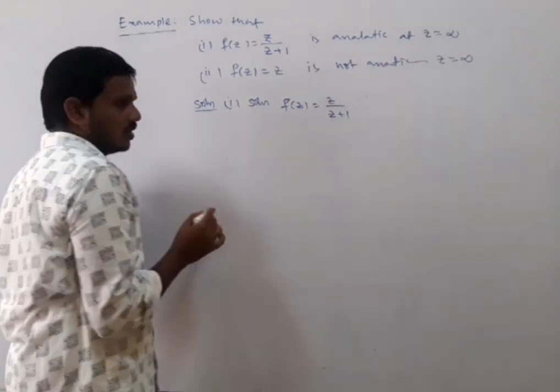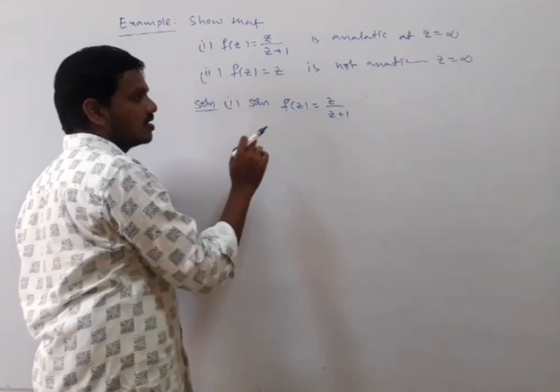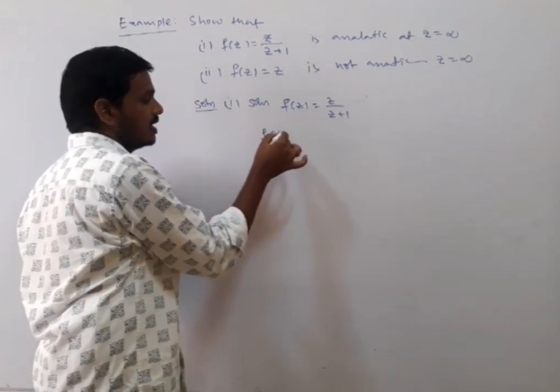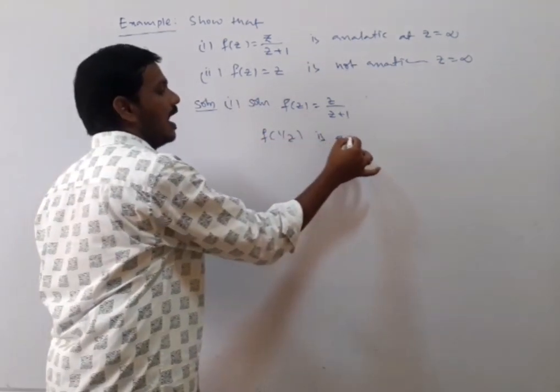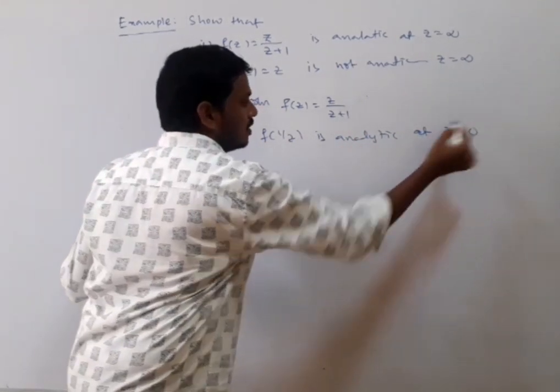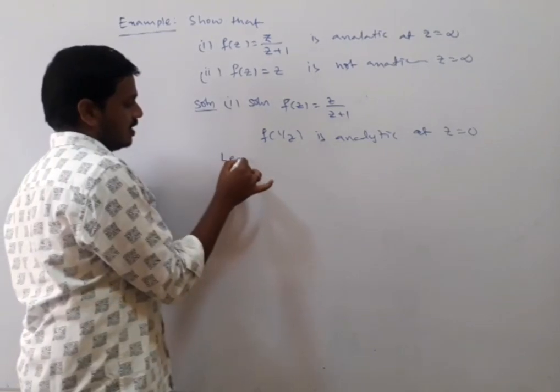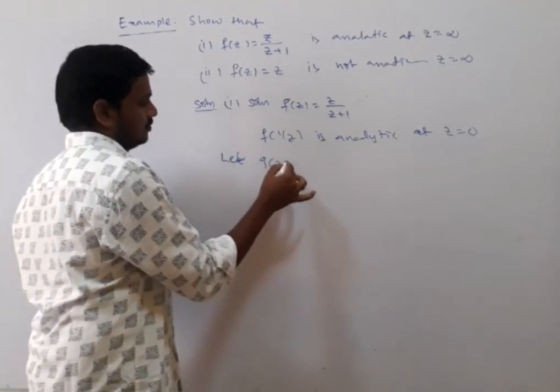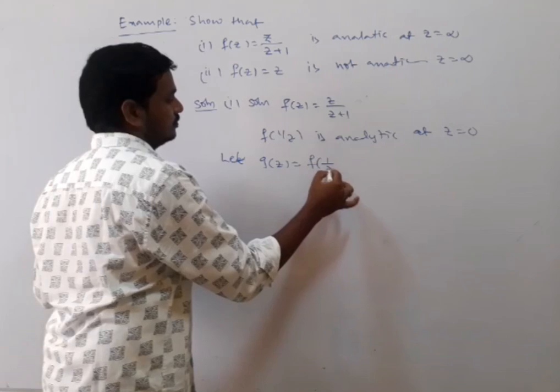To check the analyticity at z equals infinity, from the definition, f of 1 by z should be analytic at z equals 0. Let g of z equal f of 1 by z.